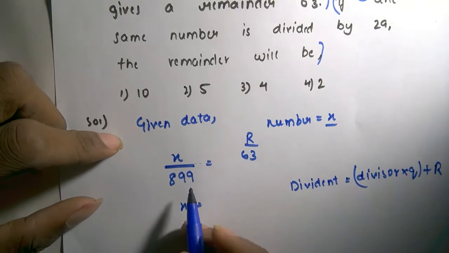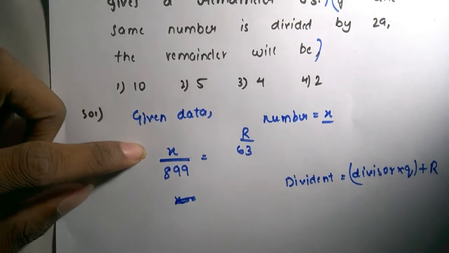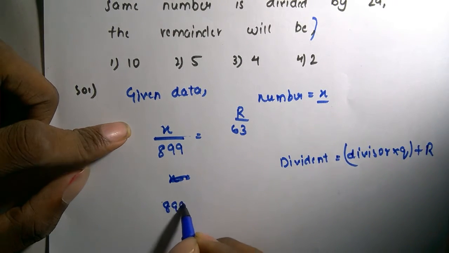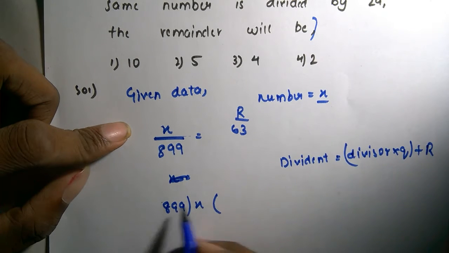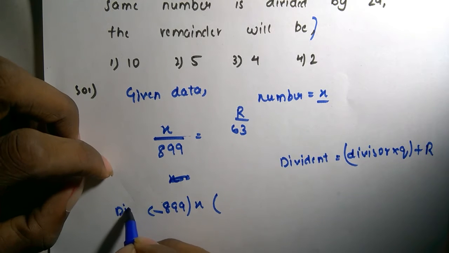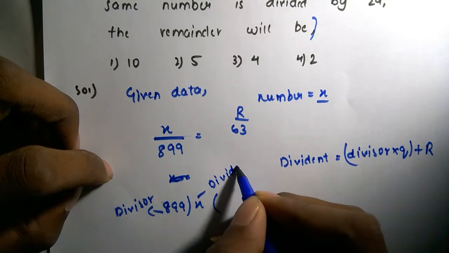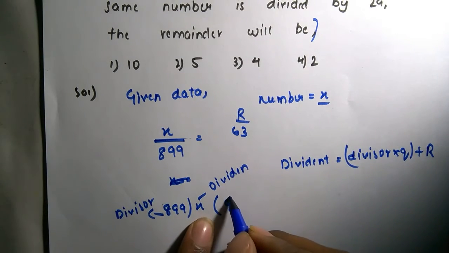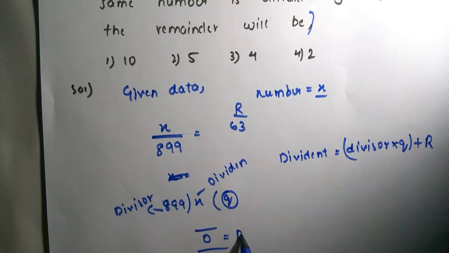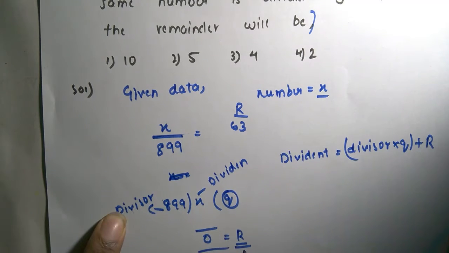In x by 899, x is the dividend, 899 is the divisor, this part is the quotient, and the final answer is the remainder.